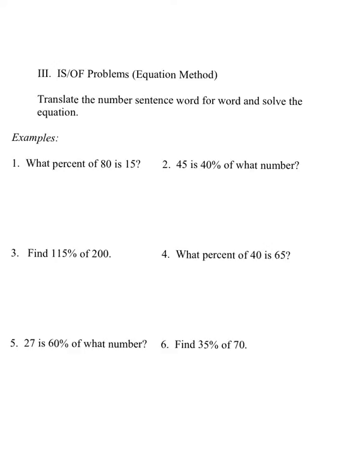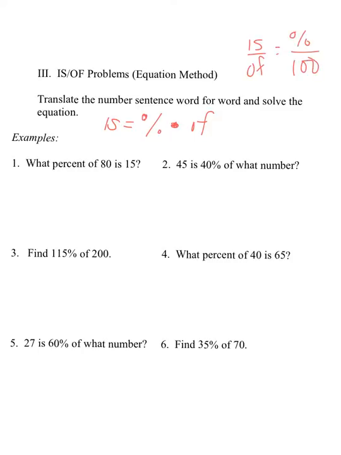So the equation, the way it works is we call these is-over-of sentences because is equals percent times of. These things have what we call a part to whole relationship. The proportion piece of it would be is over of equals percent over 100.